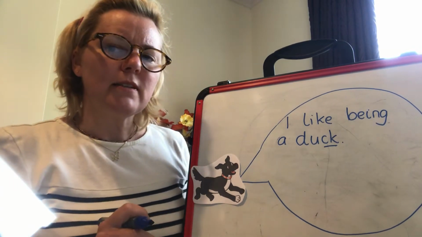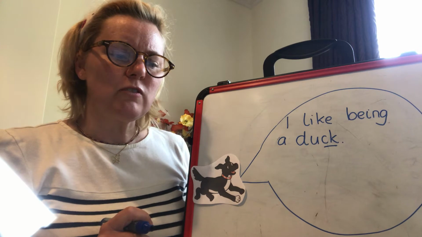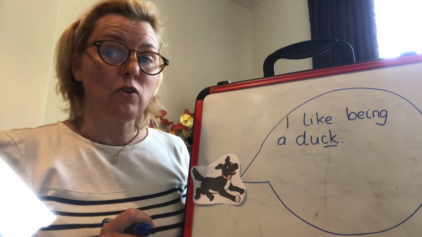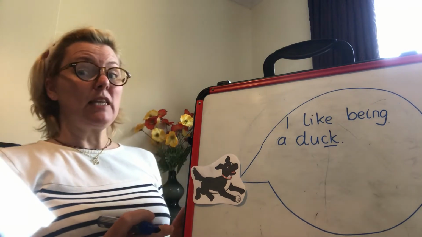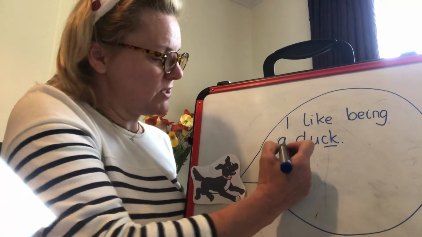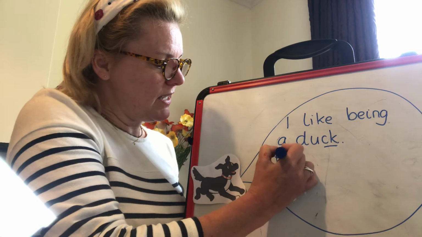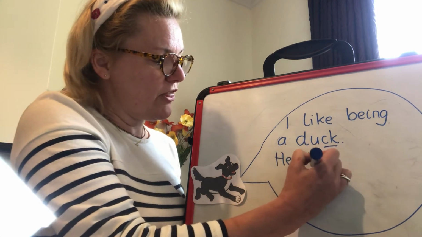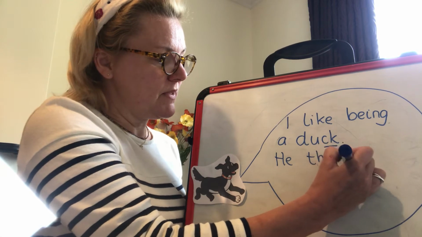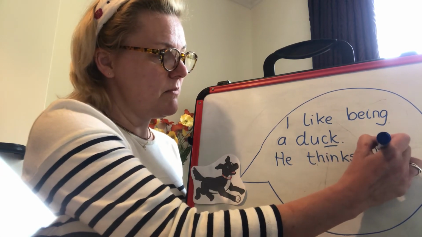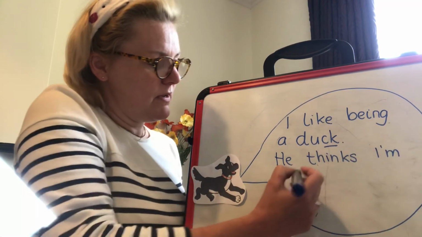One thing that the two robbers do keep saying in the story is being careful not to wake the dog. So I wonder if the dog might also say, they think I'm asleep, or he thinks I'm asleep. Let's add that in as well, shall we? So let's say he thinks, more special friends, he thinks I'm asleep.